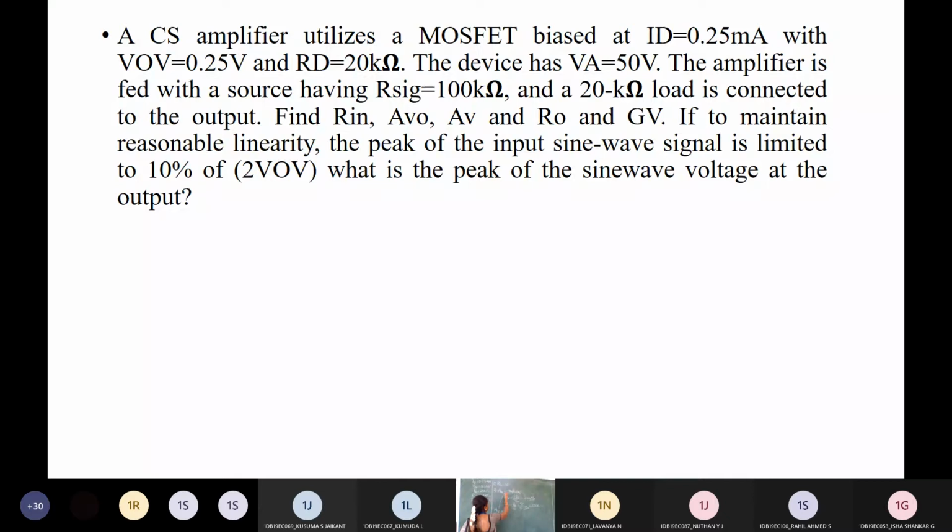Okay, substitute into this. Minus 2 into 10 power minus 3, that is 2 milli, into RD, which is 20K parallel with 200K. What is the answer you are going to get?